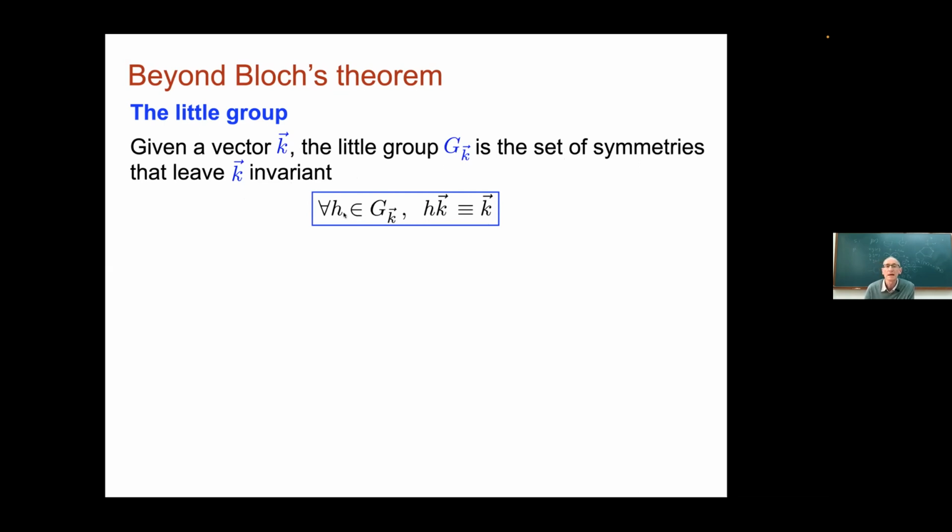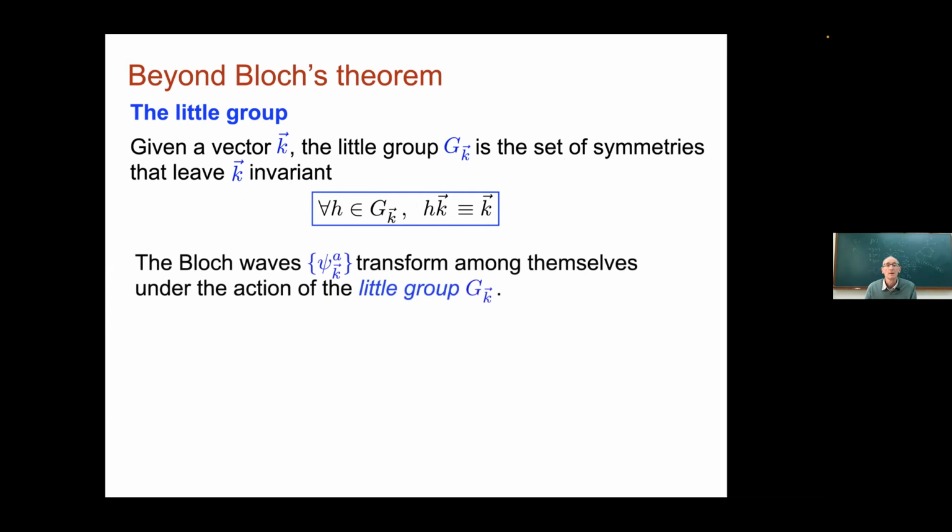It doesn't mean that the action of h over k leaves k identical, but the new k, the only difference with the original k is a vector in the reciprocal lattice. Why? Because then the two define the same irreducible representation. And for us, k is just a label for an irreducible representation of a translation group. And this is the little group.